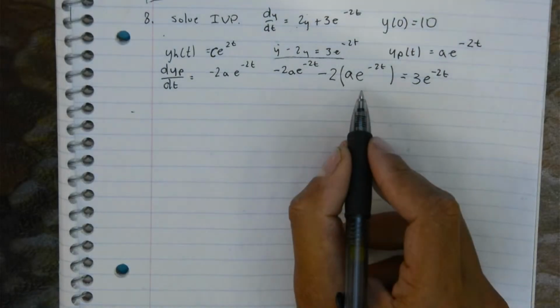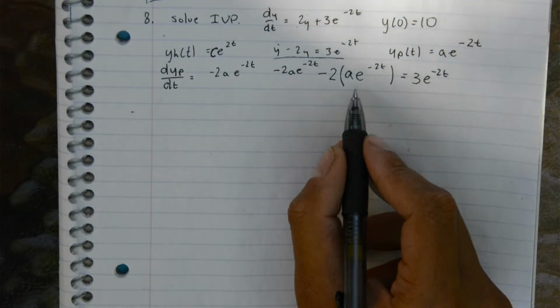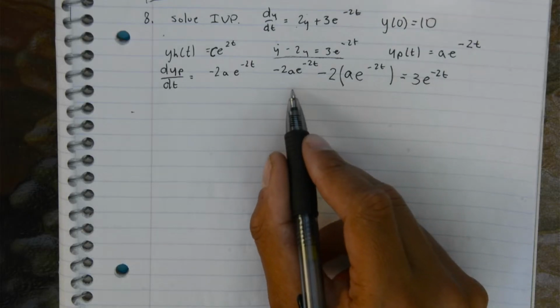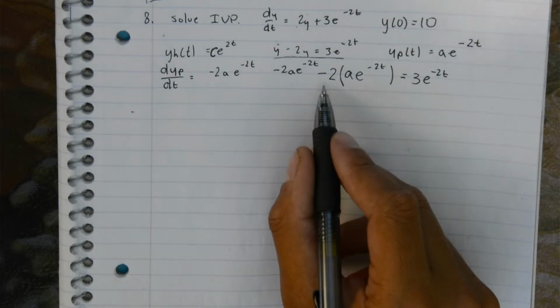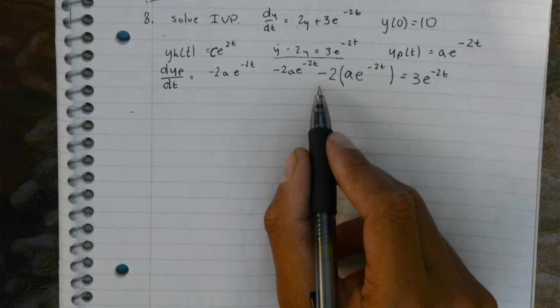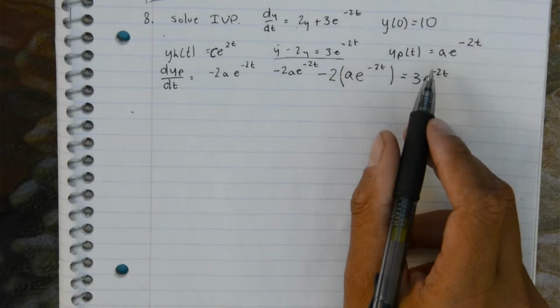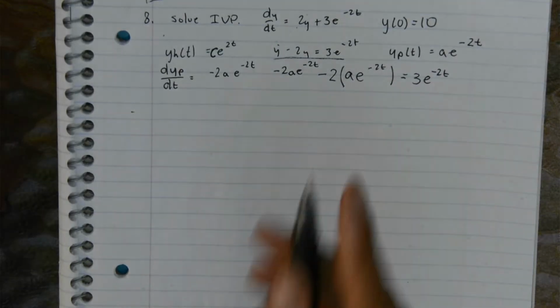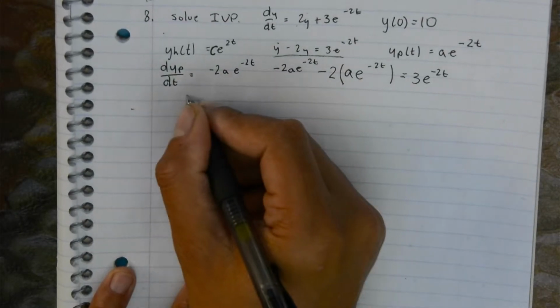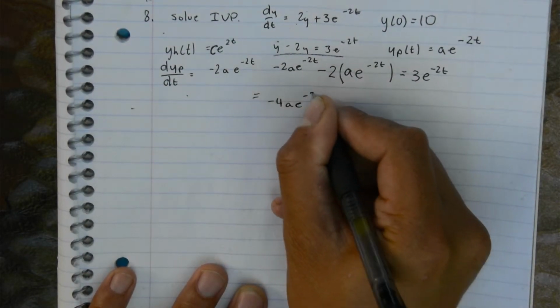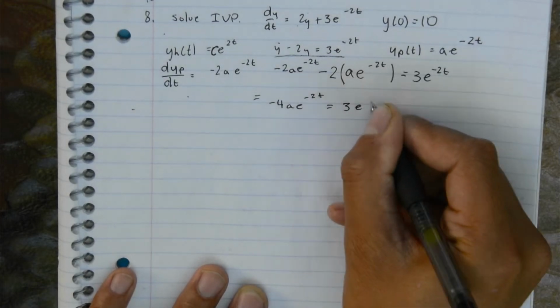So now, is that right? I think that's right. So this is all equal to minus 4a e to the minus 2t is equal to 3e to the minus 2t.